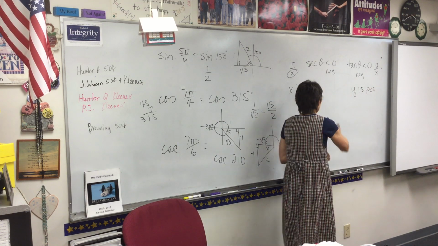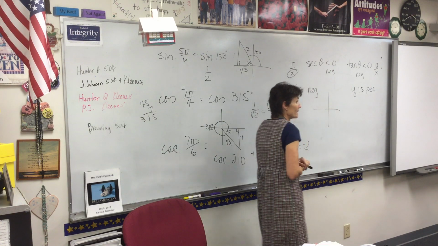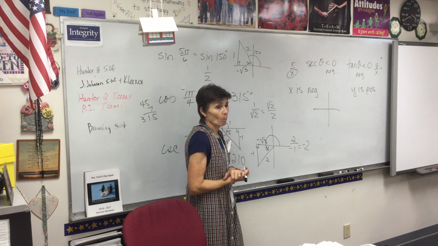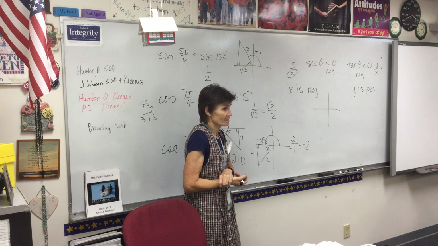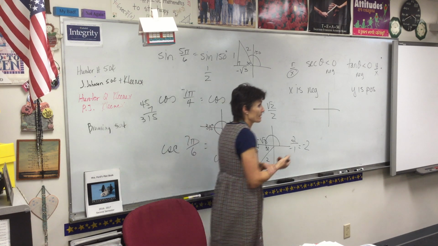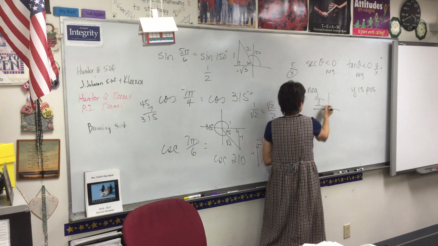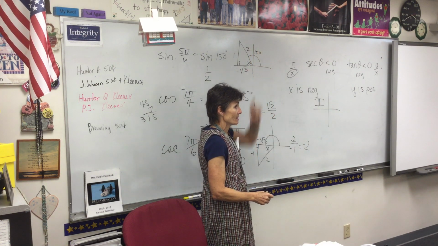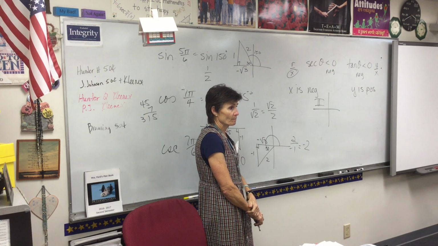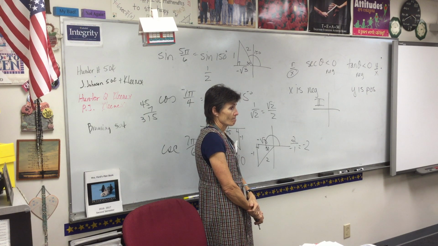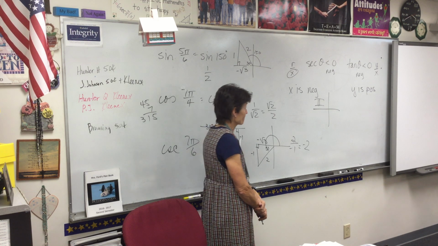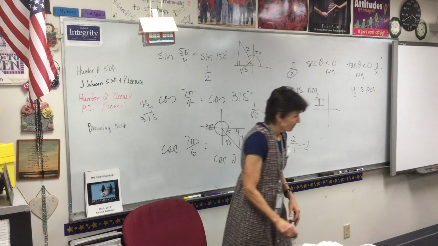Where does it happen in the coordinate plane that x is negative, but y is positive? Second quadrant. It happens right here. That's where x is negative, but y is positive.